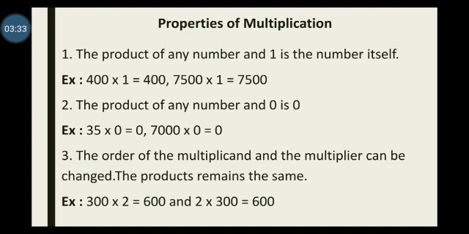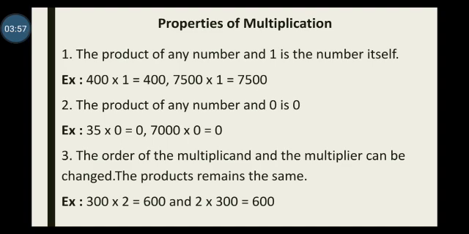So these are the very important three properties of multiplication which you have to remember. This third property will be used in doing the sums of exercise 4.2. As I told you in the live class yesterday, today's work is exercise 4.2 and 4.3.